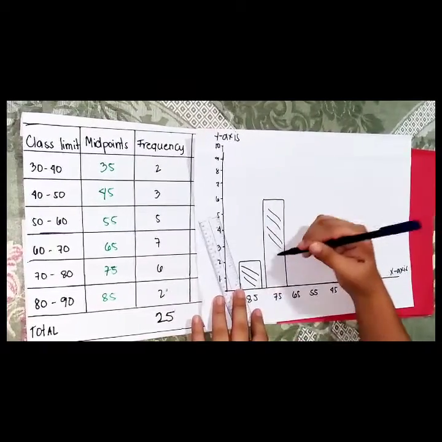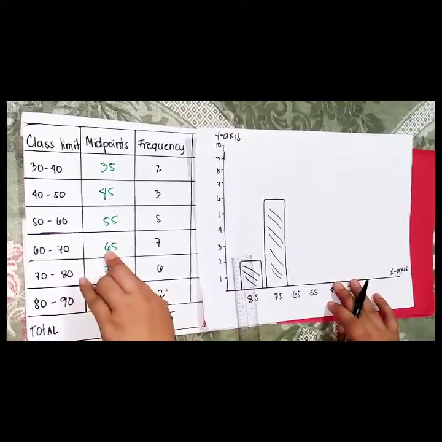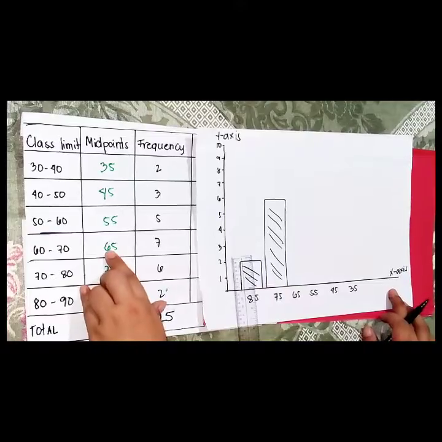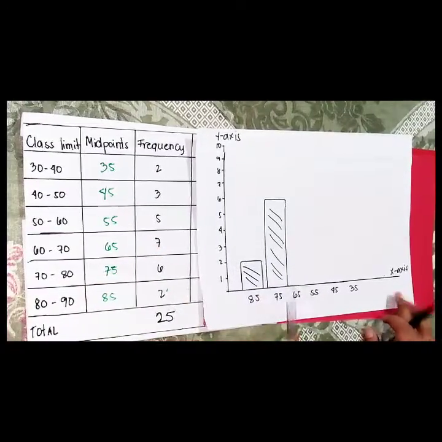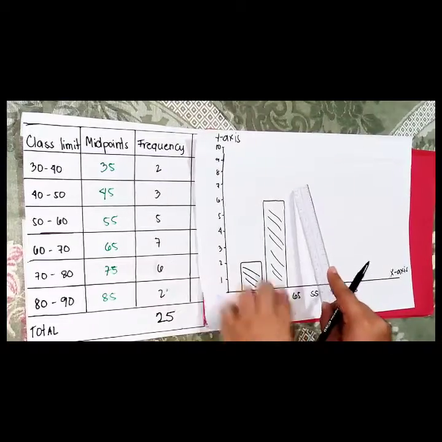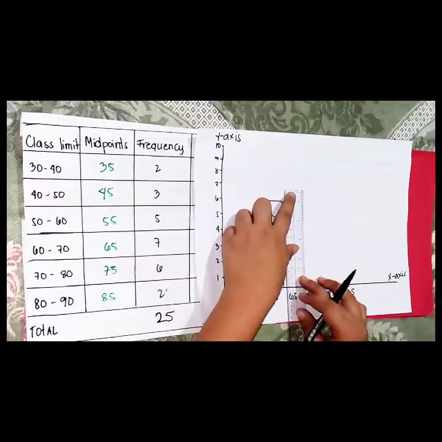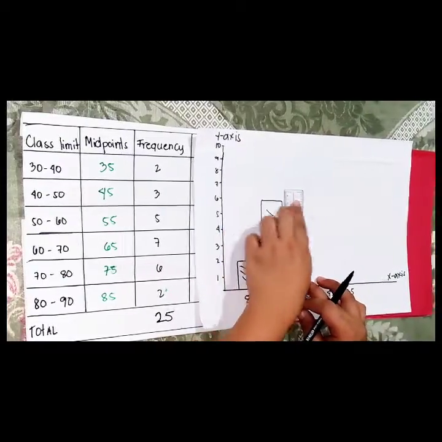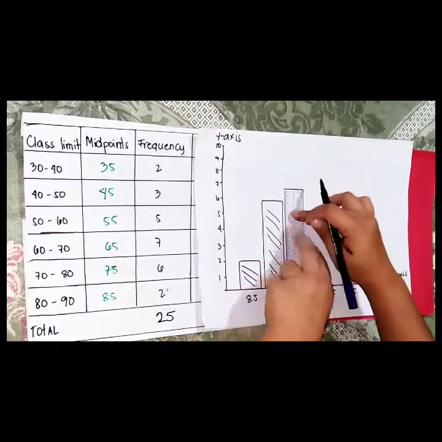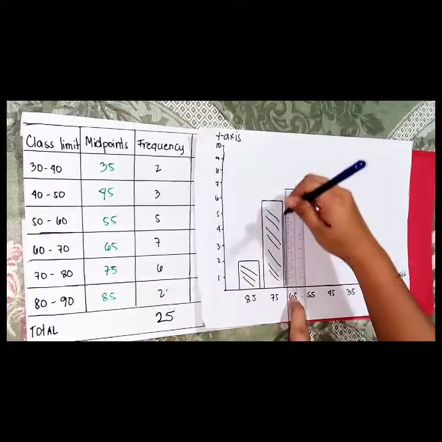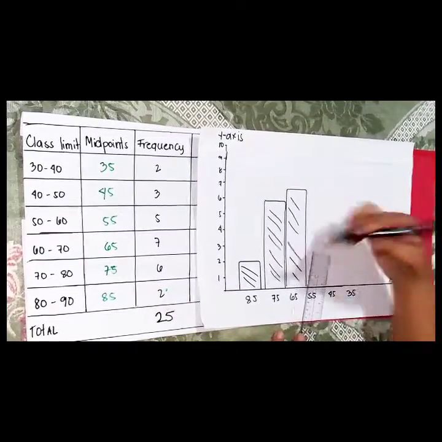There you go. So next, in our midpoint, which is the x-axis, we have 65 and a frequency of 7. So this is our midpoint. We are going to create a bar in line with 7. So we are going to create it here.